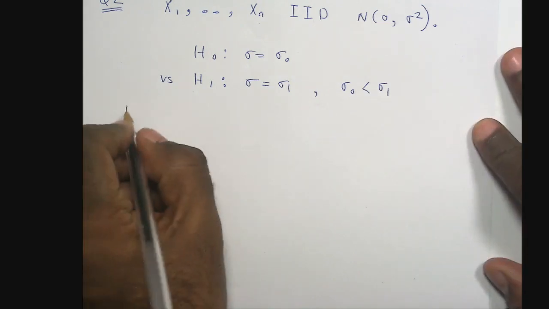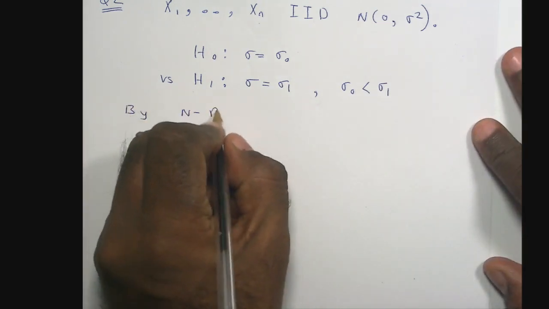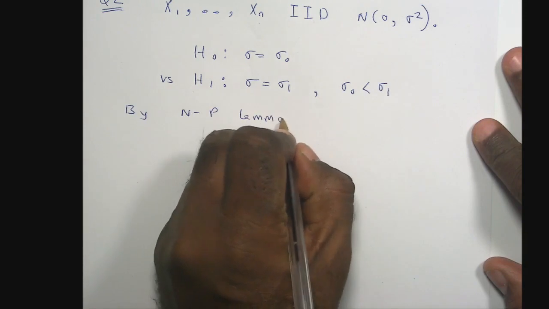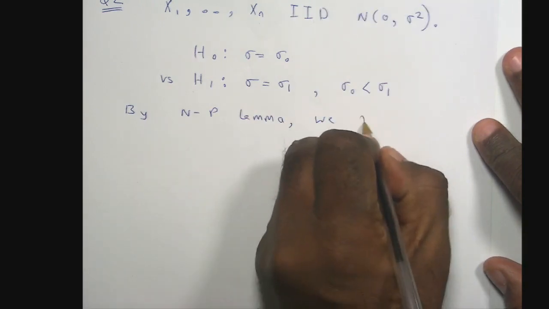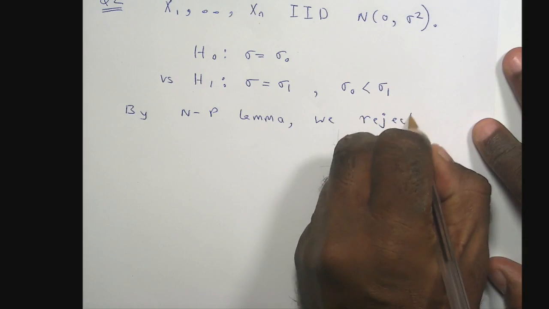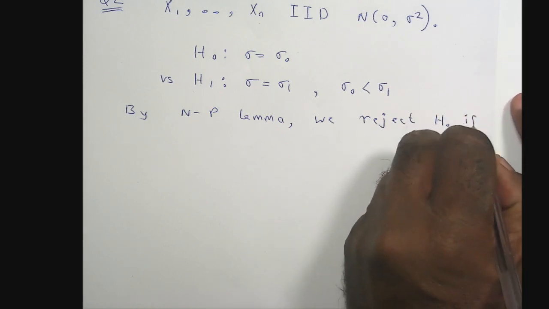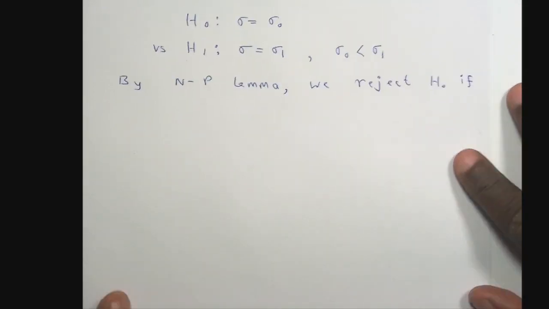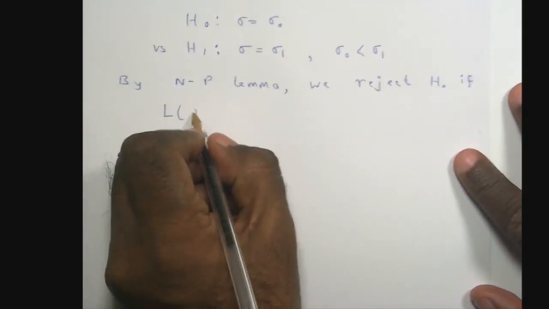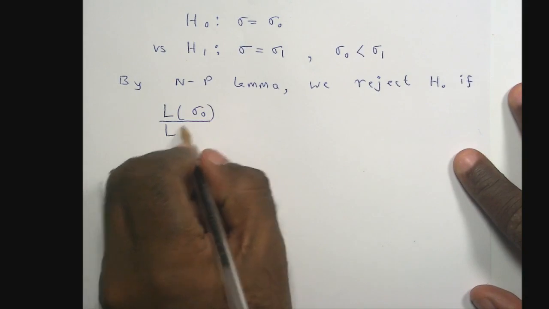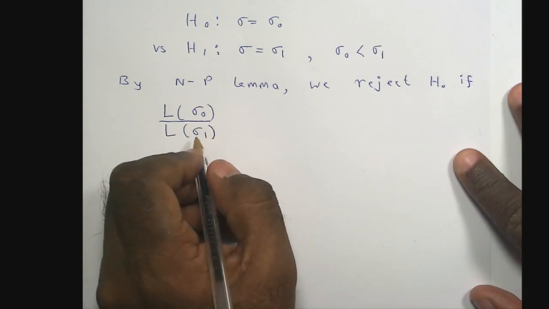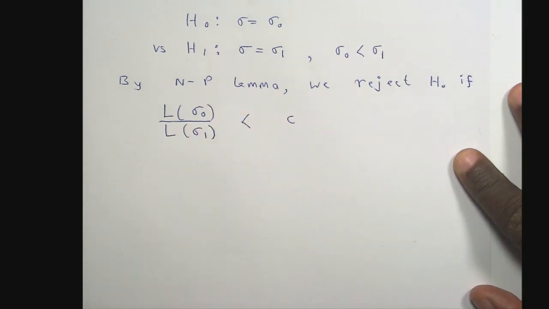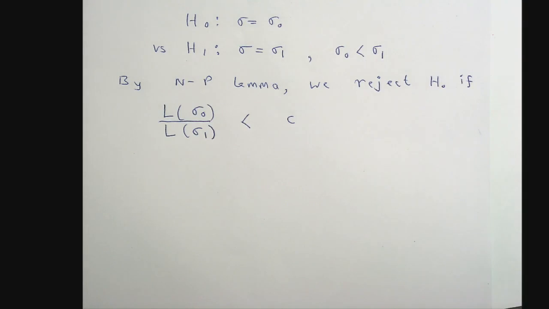So by the Neyman-Pearson lemma, we reject the null hypothesis if the likelihood at sigma 0 is less than some constant, say c, right? This is the rule the NP lemma says, right?